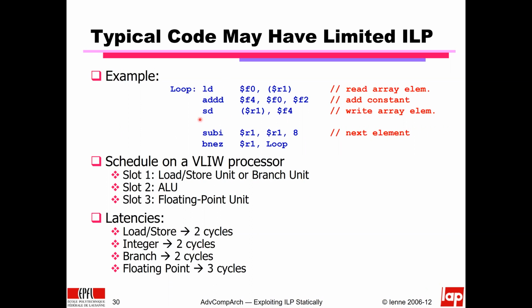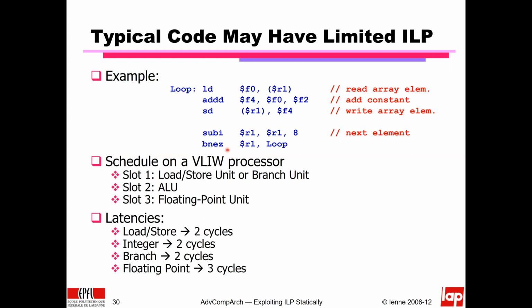We want to schedule it, write it for a machine, a VLIW processor that has 3 slots, so 3 columns: one for the load store unit and the branch unit, so it's a single column for both, one for the ALU and one for the floating point unit. Notice here that all these are floating point operations, whereas, of course, the operations on R1 are fixed point operations.